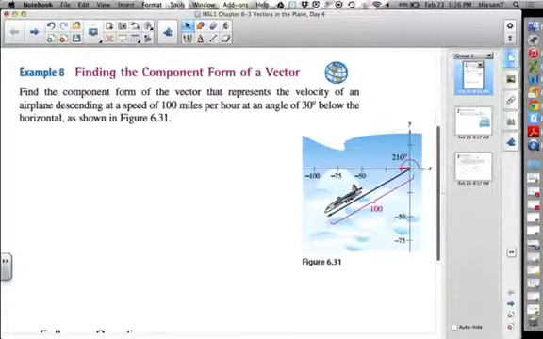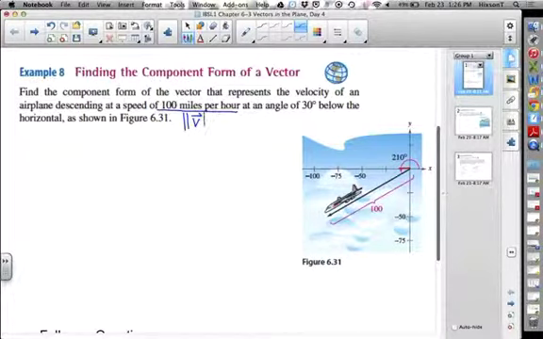It says it's descending at a speed of 100 miles per hour. That is the magnitude of that velocity vector that we're trying to find. Falling out of the sky. And it says that it's going at an angle of 30 degrees below the horizontal. So this angle right here is 30 degrees.